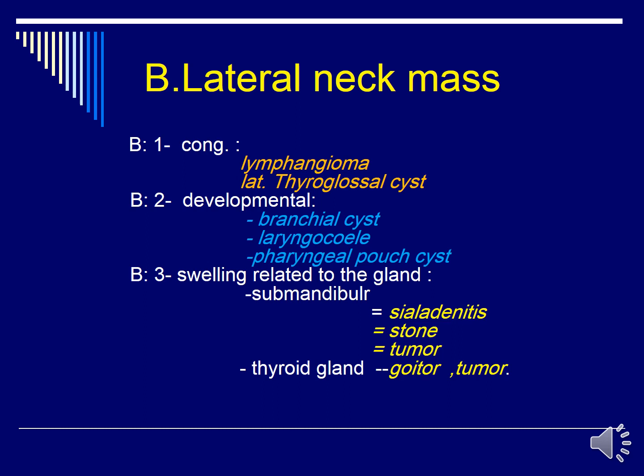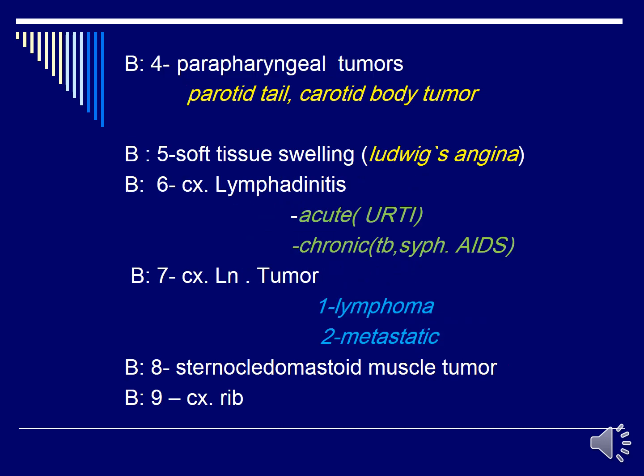Swelling related to the glands themselves: the submandibular gland, thyroid gland, and parotid gland, including the tail of the parotid gland in the neck, in the parapharyngeal space of the neck. Congenital differs from developmental, as you know: congenital is present at birth, developmental develops later on during life.